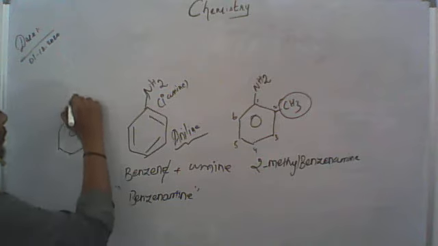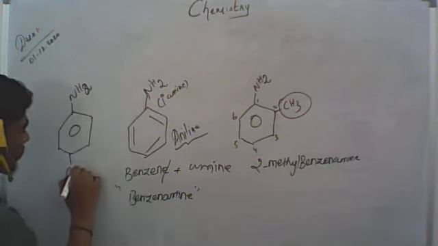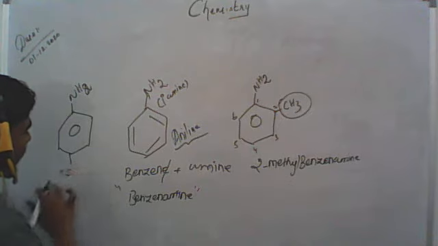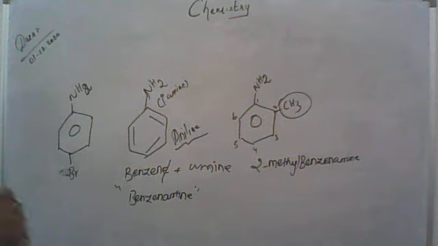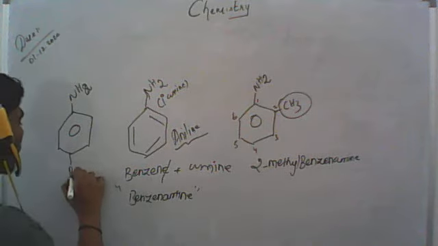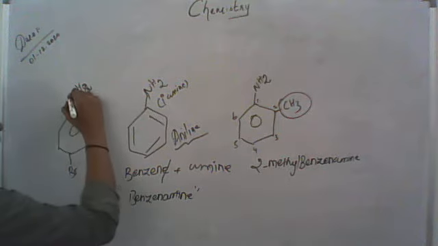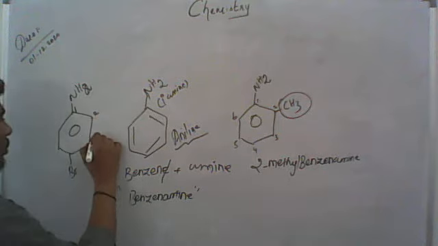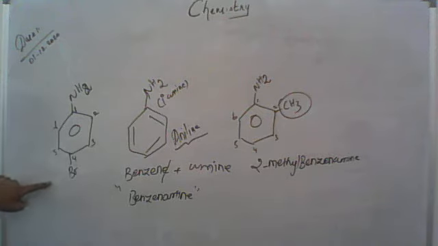Give the IUPAC name for this compound, NH2 and Br. What is the name for this compound? It's Br, the bromo group. Now, in the first question, the functional group is present at position 1, with 1, 2, 3, 4, 5 and 6. And in the fourth question, bromine is present here.